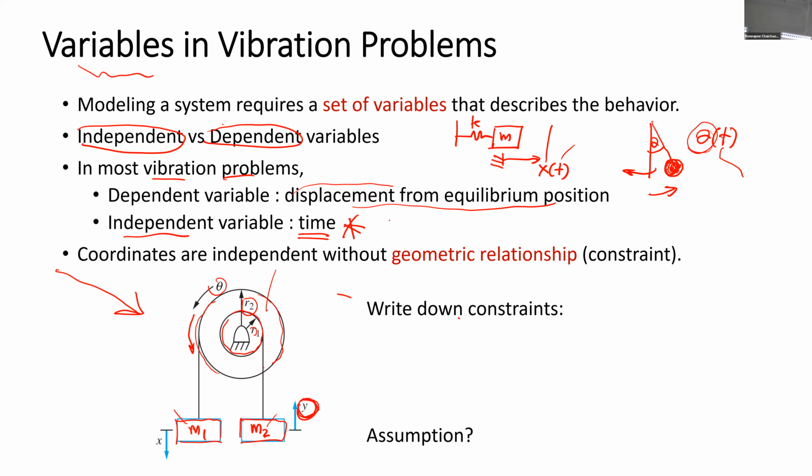And we have 3 coordinates that describe the motion of M1, the motion of M2, and the rotation. Here are the coordinates.